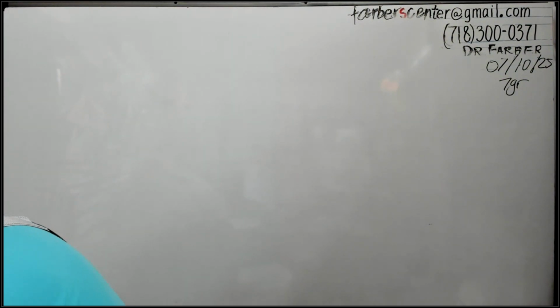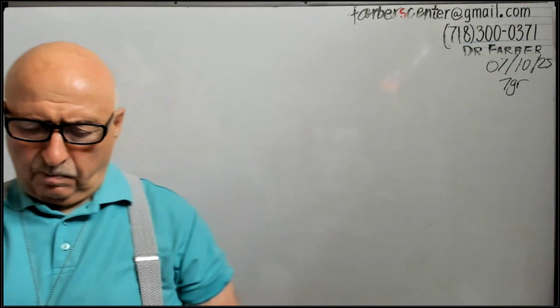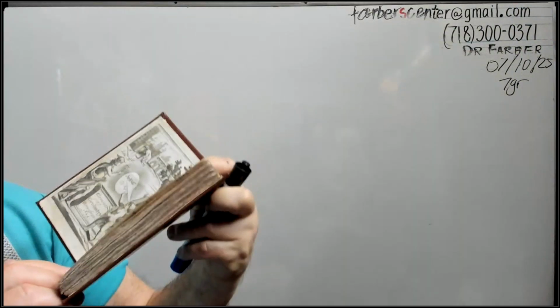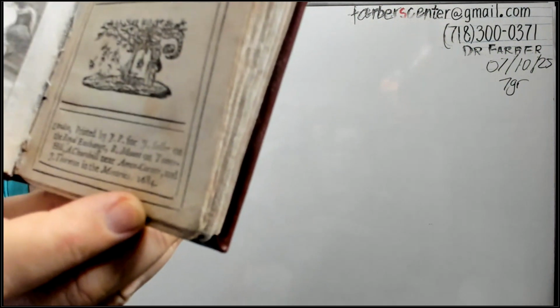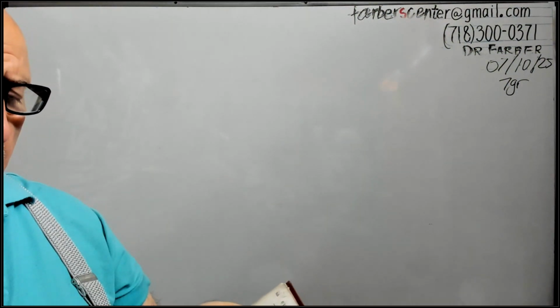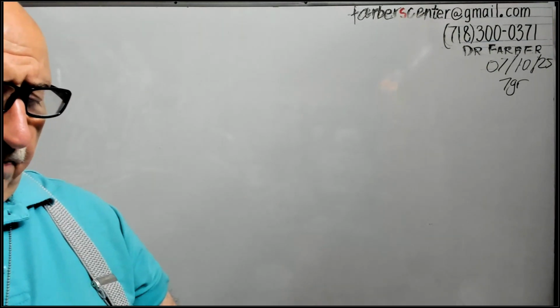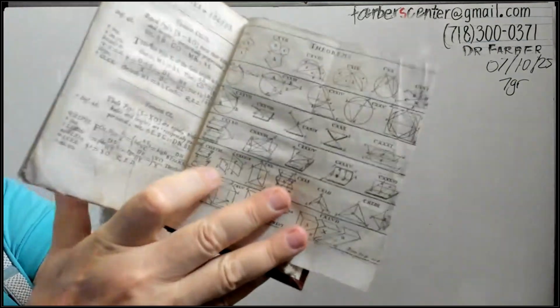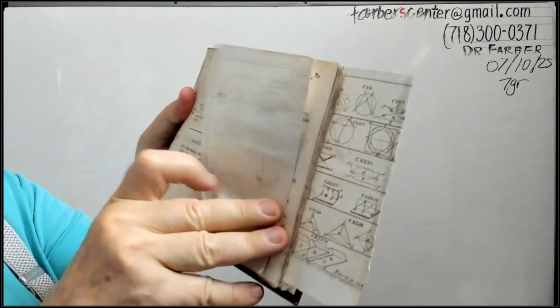Or another book, even more challenging. This book is 400 years old. Euclid. And this book is from 1684. If you look at these pictures, they do not have the SHSAT, but the pictures are pretty challenging.